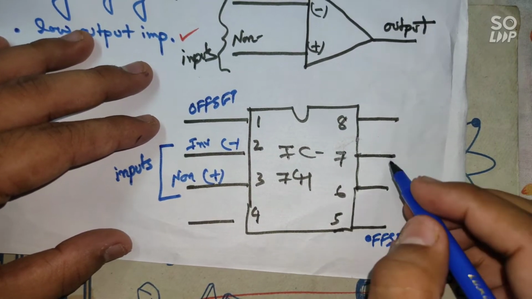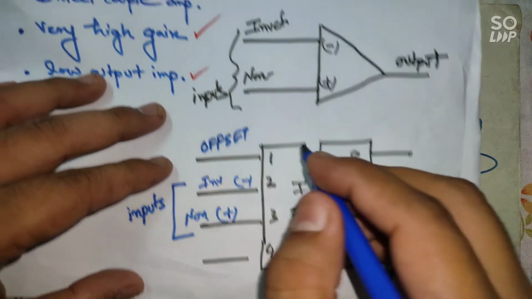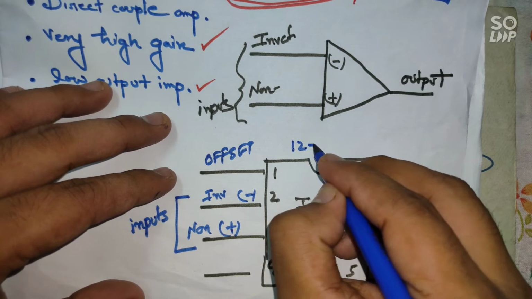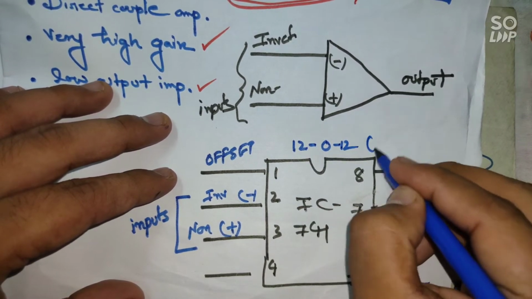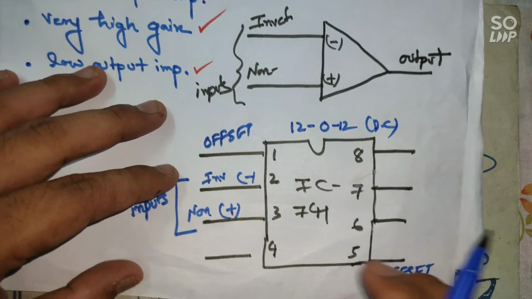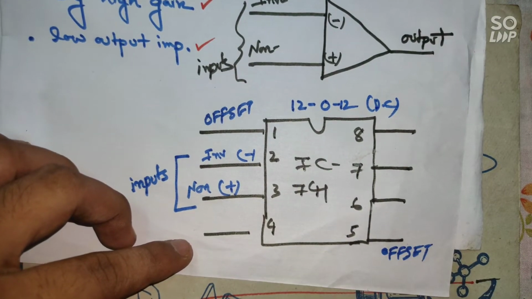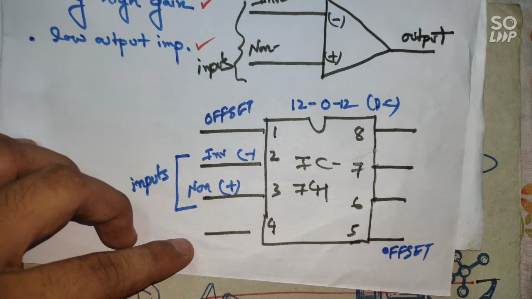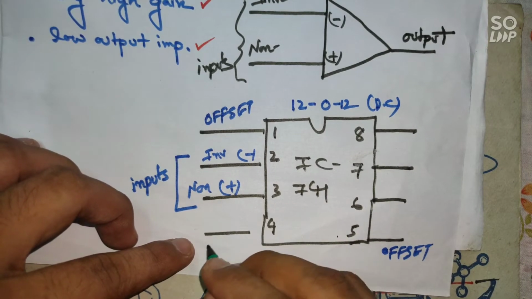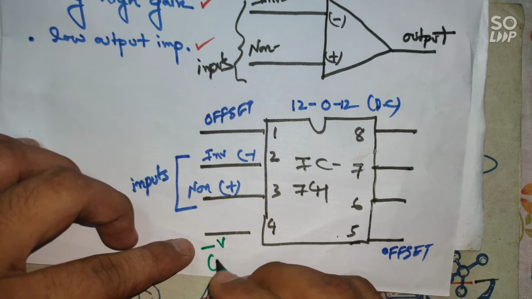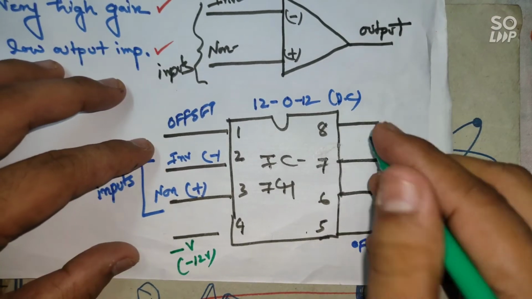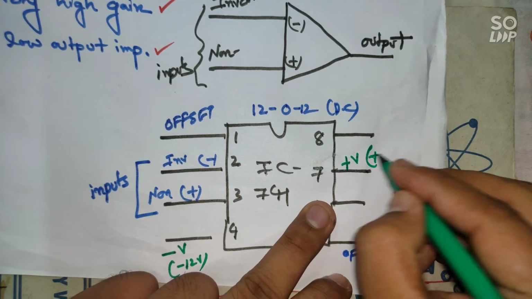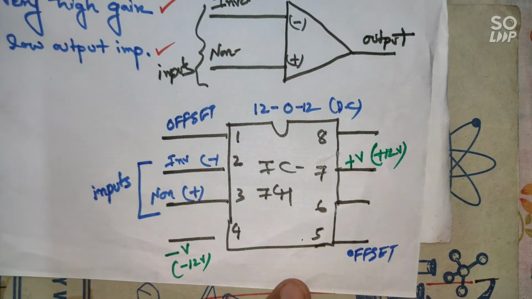To operate this IC, we generally use a 12-0-12 DC power supply. This power supply is connected between pins 4 and 7. In pin number 4 we connect minus V, which is practically minus 12 volts, and in pin number 7 we connect plus V, which is practically plus 12 volts.